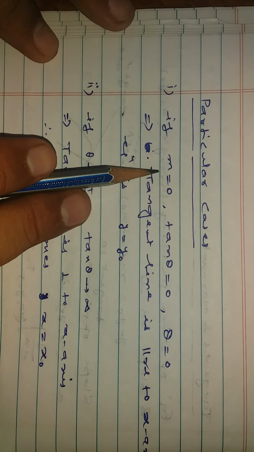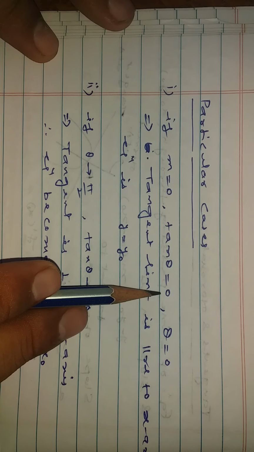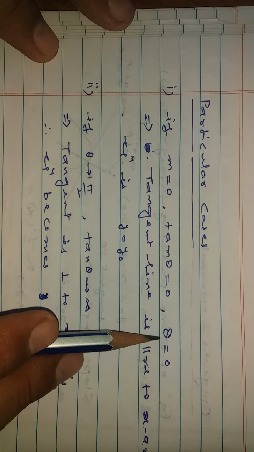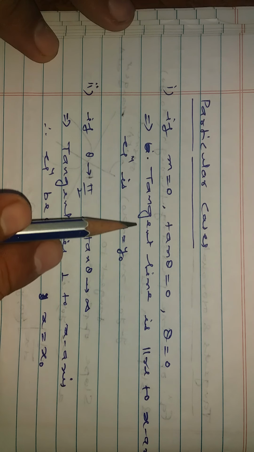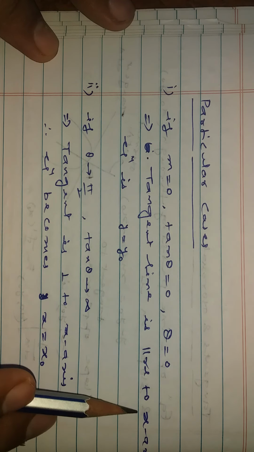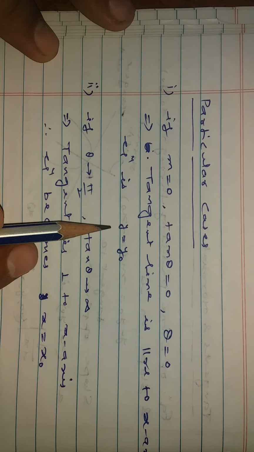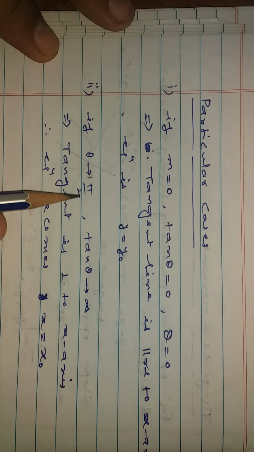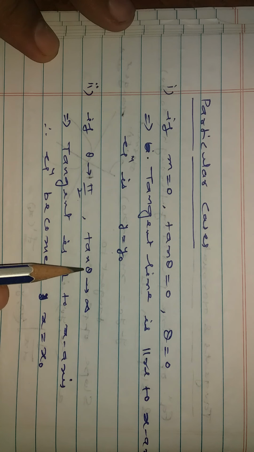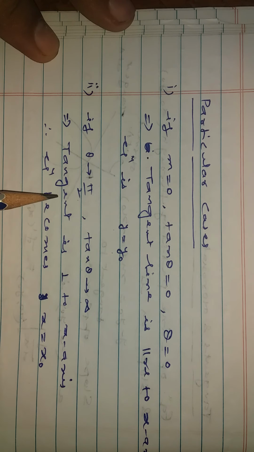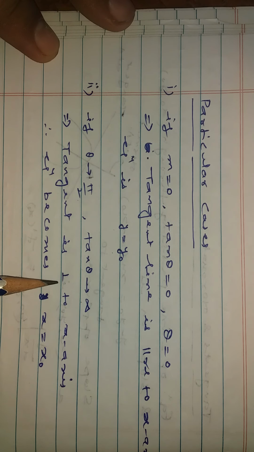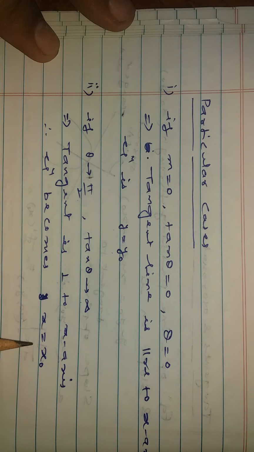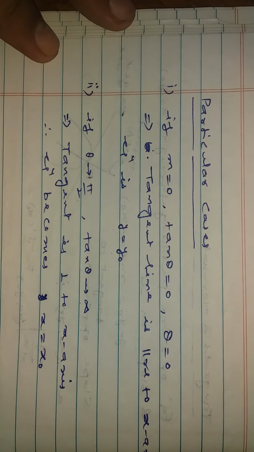If the slope is 0, it means tan theta is 0, when theta is 0. Theta is 0 means the tangent is parallel to the x-axis, and the equation reduces to y is equal to y naught. If theta is equal to 90, then tan theta will be infinity, which means the tangent is perpendicular to the x-axis. Now the equation will become x is equal to x naught.